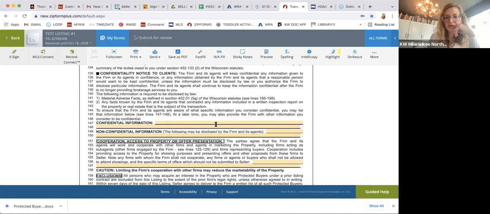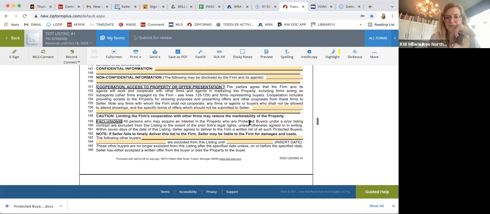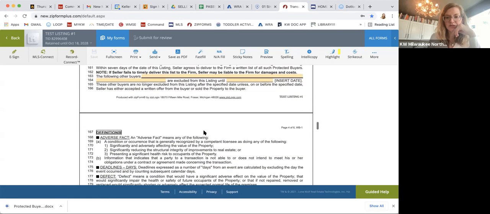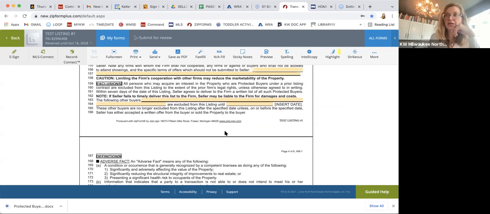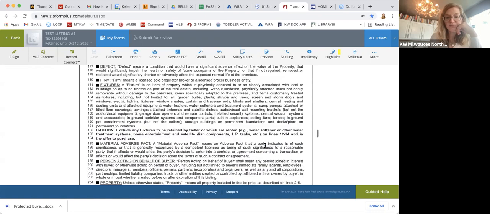If there's anything specific that you want to make sure we are keeping confidential, we can list it here. Exclusions: have you had the home listed prior to us? And has there been anybody that has approached you or that you've been in conversations with who would potentially want to purchase the home?